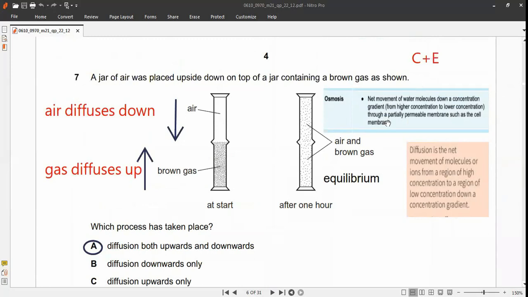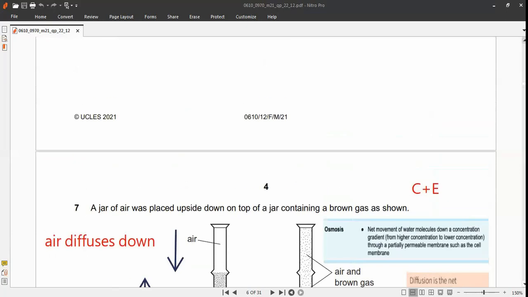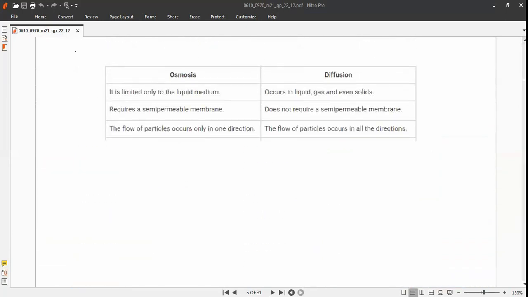What about osmosis? Osmosis is the net movement of water molecules, not ions, down a concentration gradient from higher concentration to lower concentration through a partially permeable membrane, such as the cell membrane. So what is the difference between osmosis and diffusion? Let's see this table.